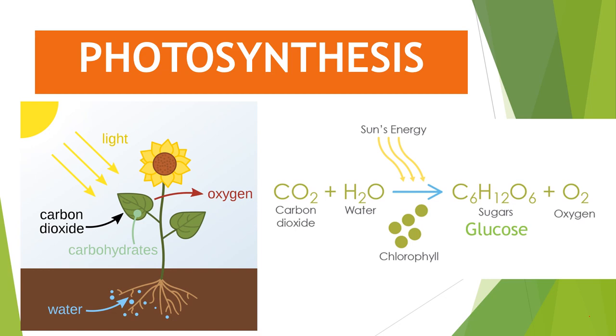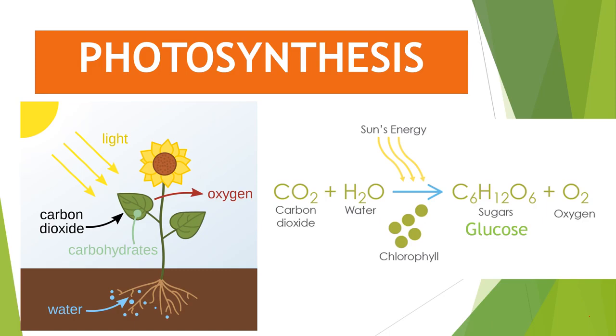It's a very important diagram, and this chemical equation is also very important, and the photosynthesis definition is also very important. So the question will ask like this: define photosynthesis, otherwise explain photosynthesis with a diagram. Photosynthesis means the process of preparing food by the green plants with the help of water, sunlight, chlorophyll and air.